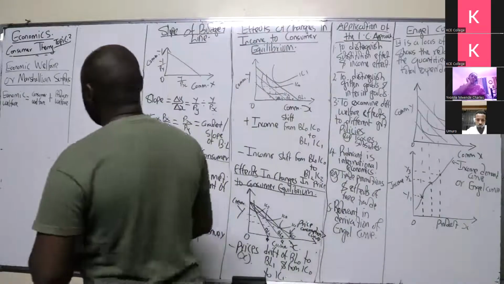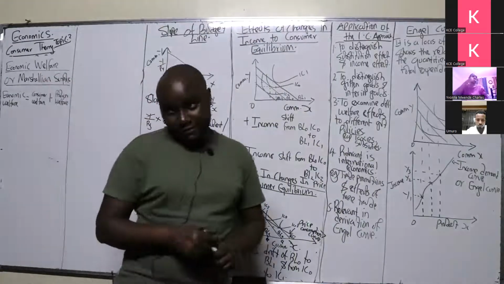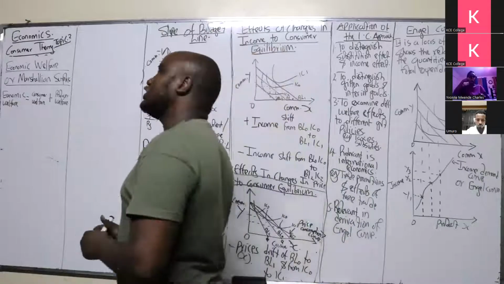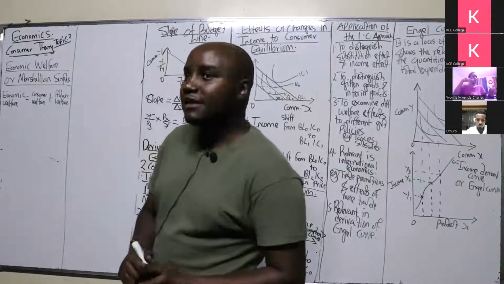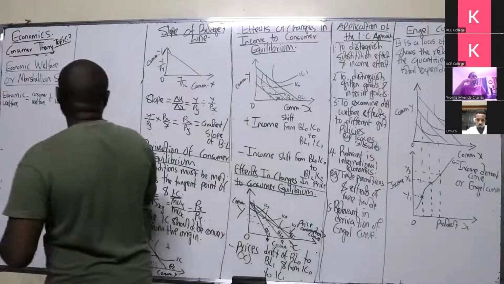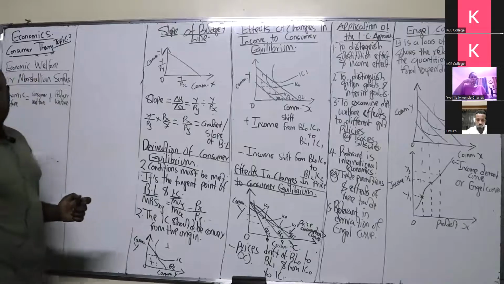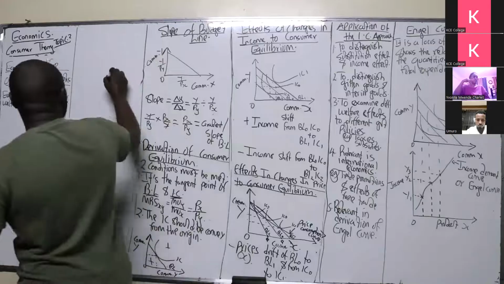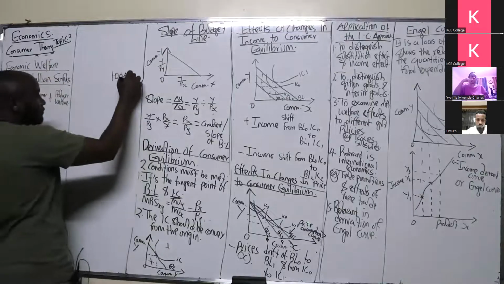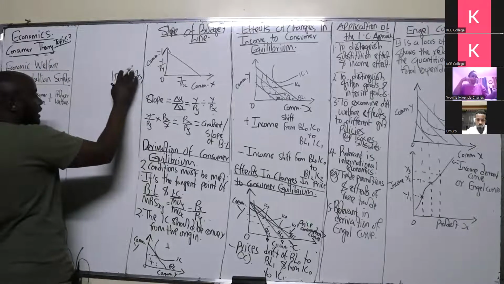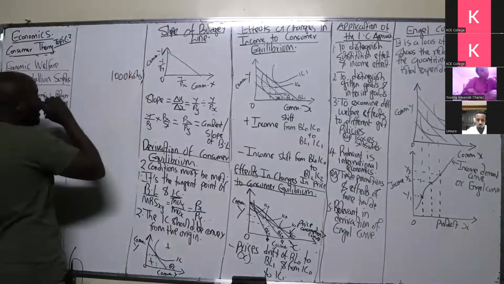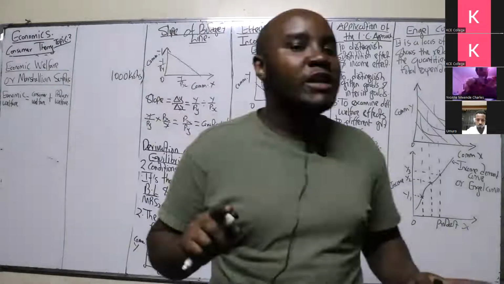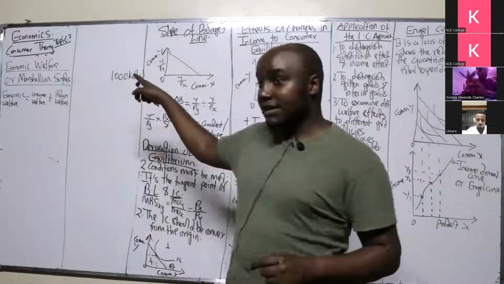It's like this. You're going to buy a commodity, and according to your research, you come to realize that the commodity, probably a vest or something, is worth 1,000 Kenya shillings. You are ready to spend 1,000 Kenya shillings.